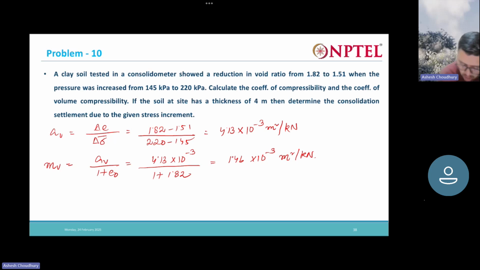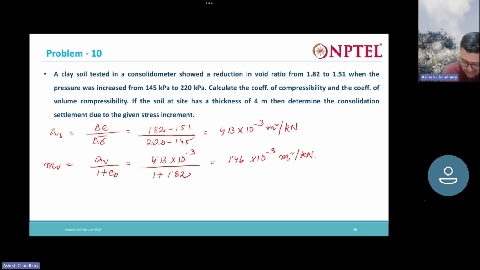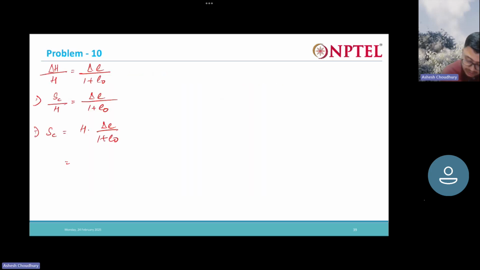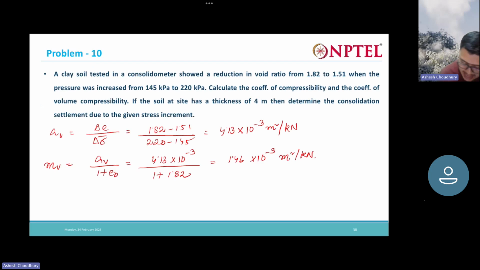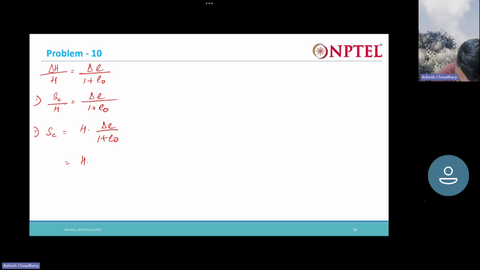Delta E I can replace by AV into delta sigma bar. So delta E I can write as AV into delta sigma bar by 1 plus E naught. Now AV by 1 plus E naught is nothing but MV. I got H into MV into delta sigma bar.